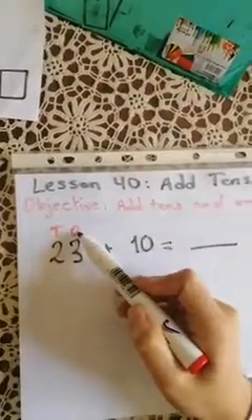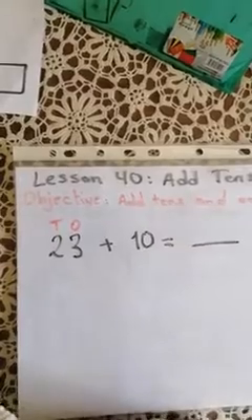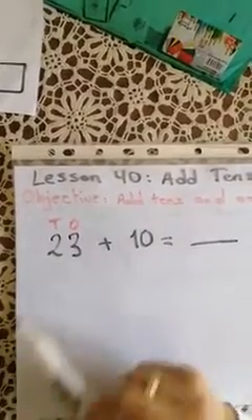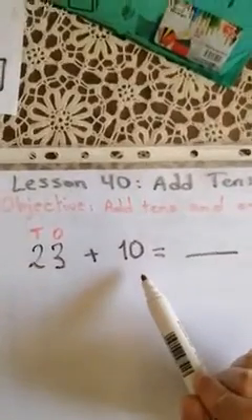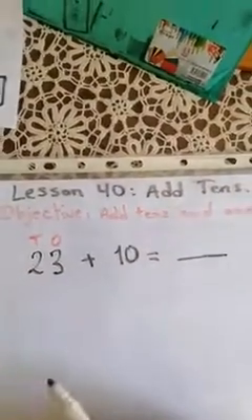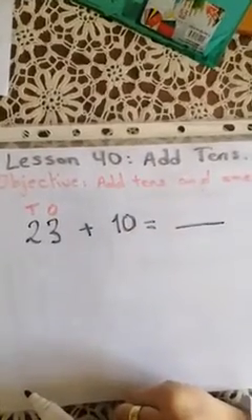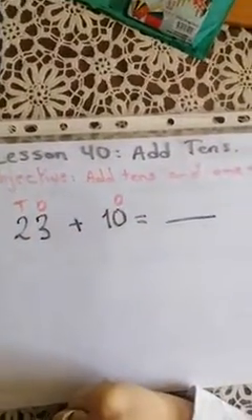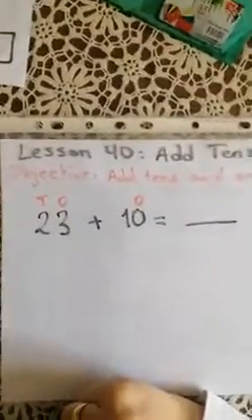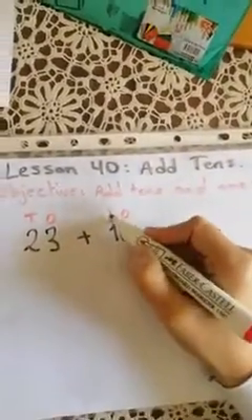So O for the ones, which is the 3, and T for the tens, which is 2. Now let's move to the number 10. Again, does 0 represent the ones or the tens? 0 represents the ones digit, so I will write O. And 1 represents the tens digit, so I will write T.